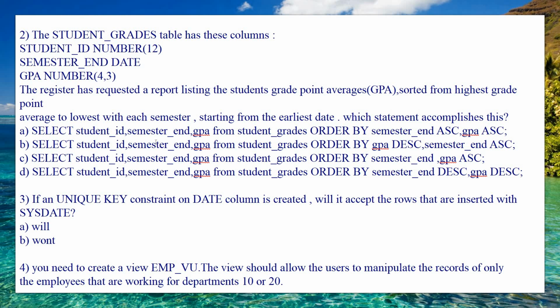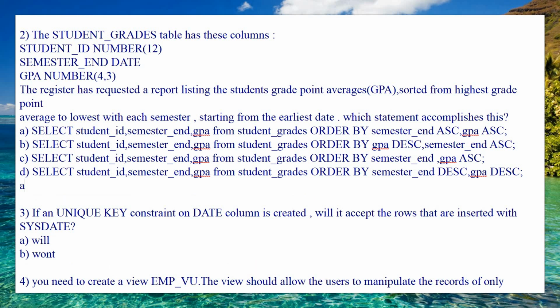So only in option B do you select student_ID, semester_end, GPA from the table student_grades, and use ORDER BY to display the result in ascending or descending order. So ORDER BY GPA DESC, which will display the highest GPA first, comma semester_end ASC, because you need to display the lowest semester first. So from the options given below, B is the correct answer for the question.